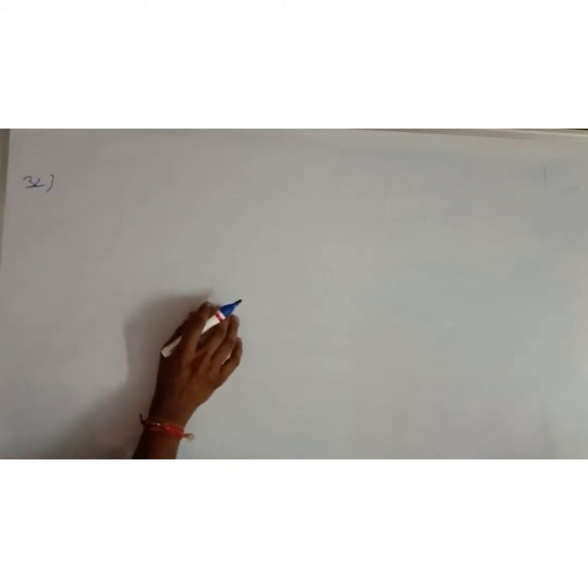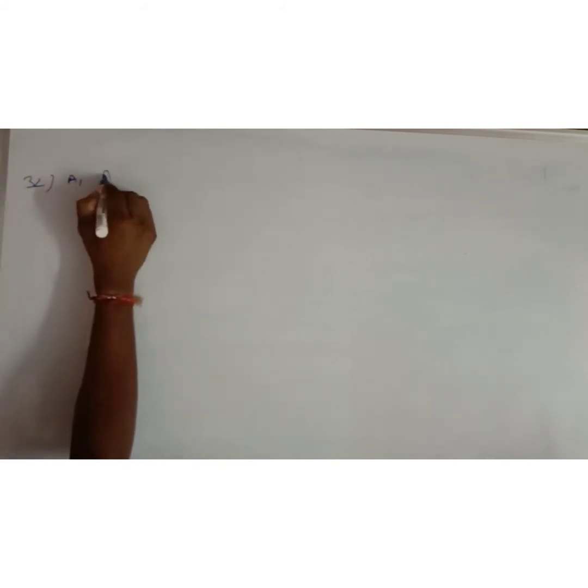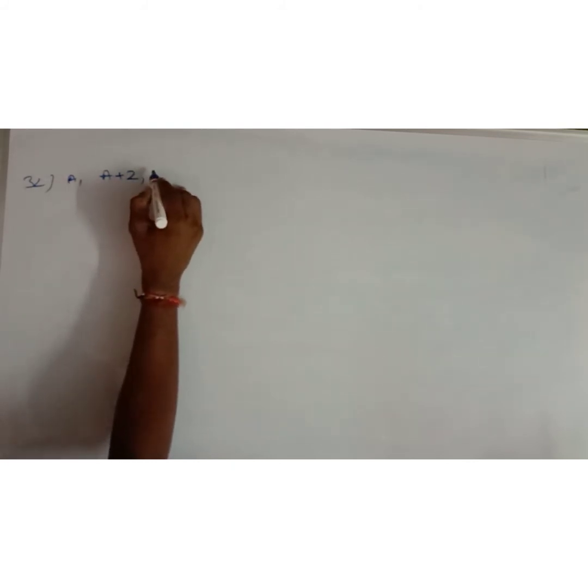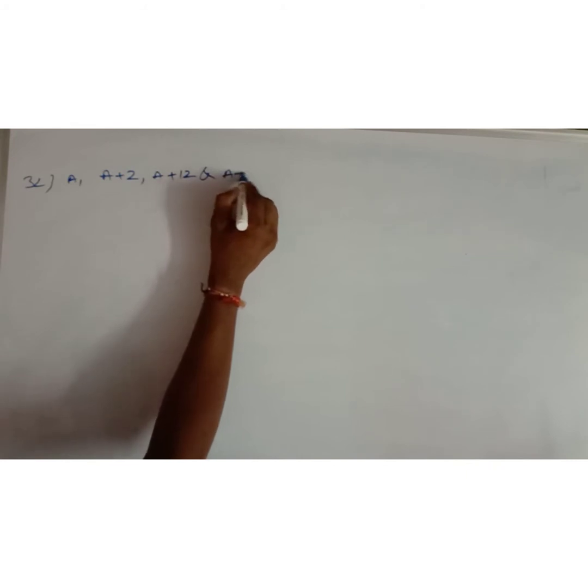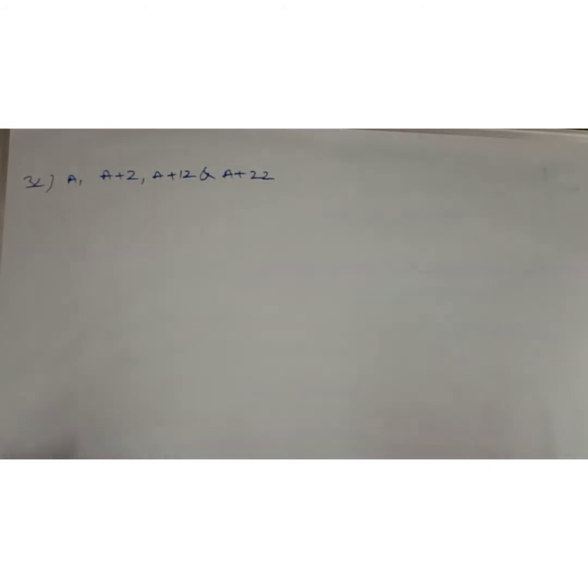The numbers a, a plus 2, a plus 12 and a plus 22 are in proportion. Then I have to calculate the value of a.